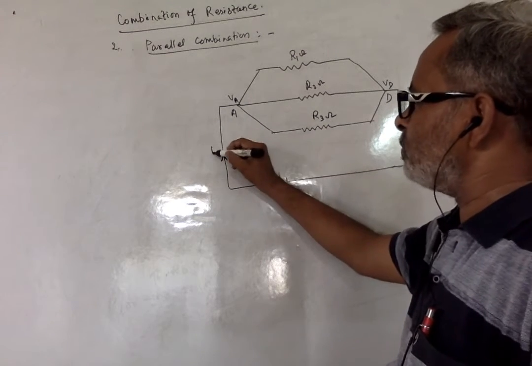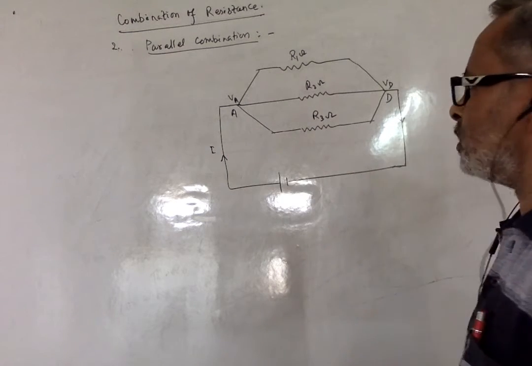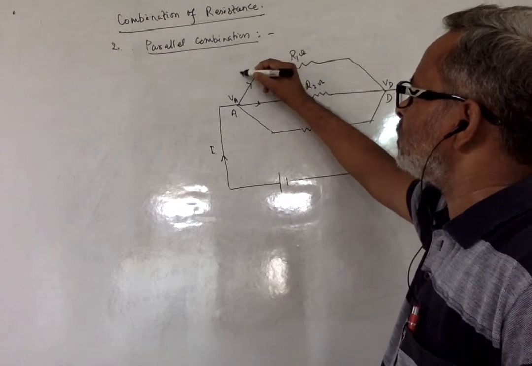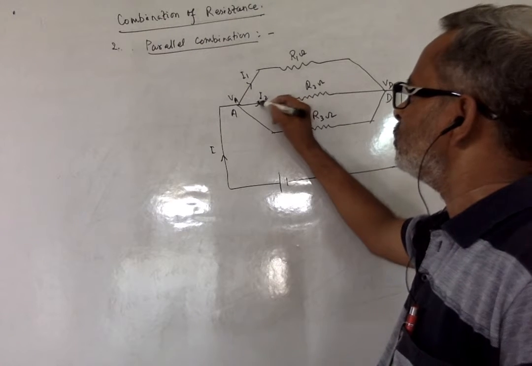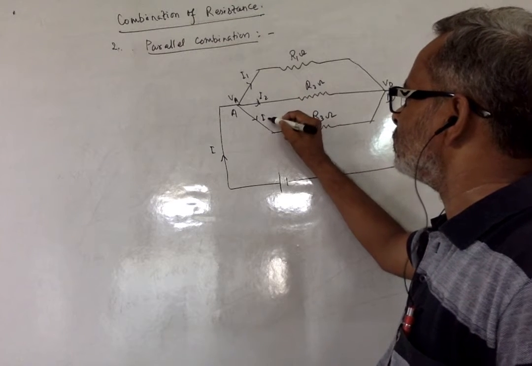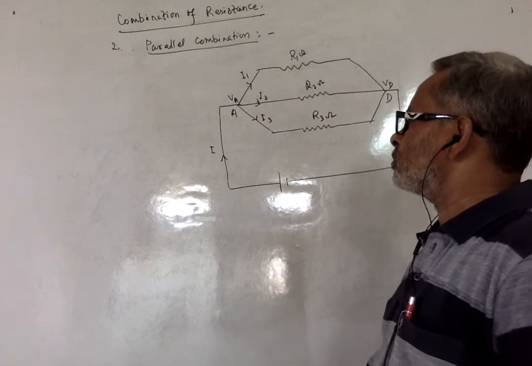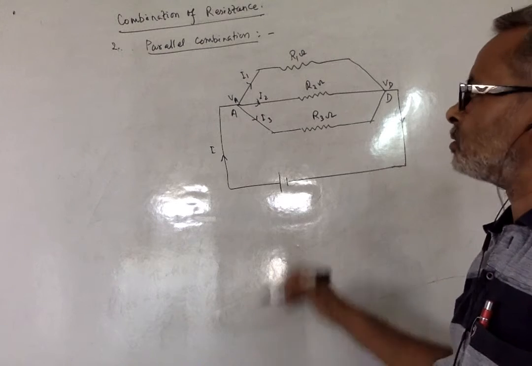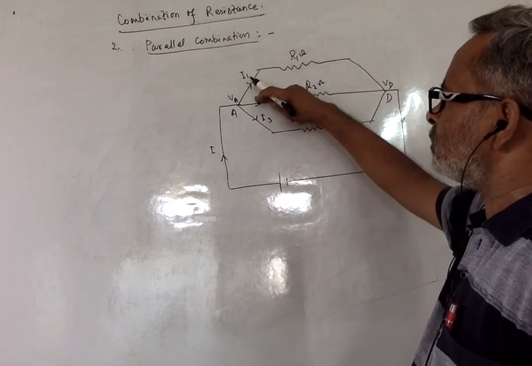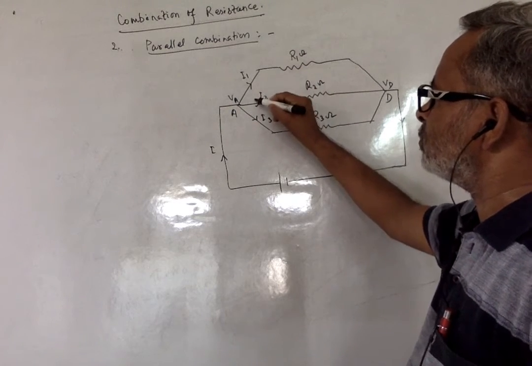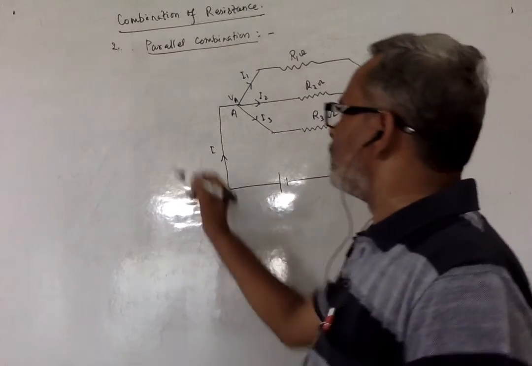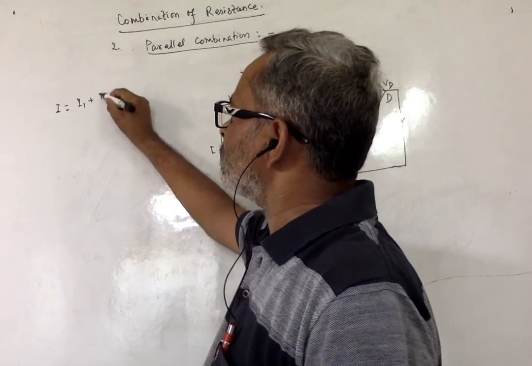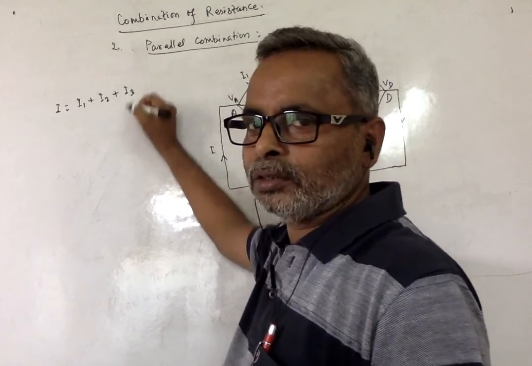Current of strength I ampere divides into three parts, I1, I2 and I3, flowing through R1, R2 and R3 respectively. It is evident that I equal to I1 plus I2 plus I3.